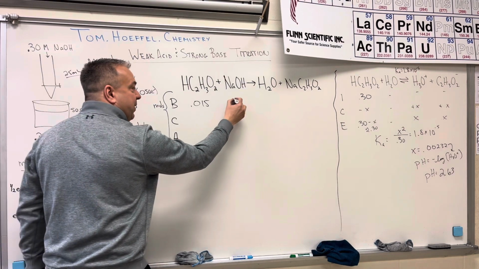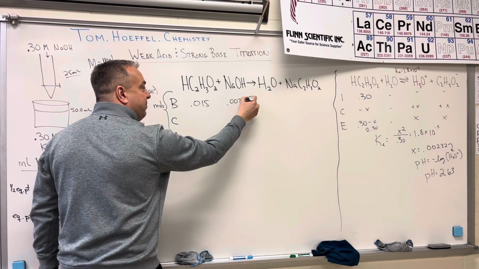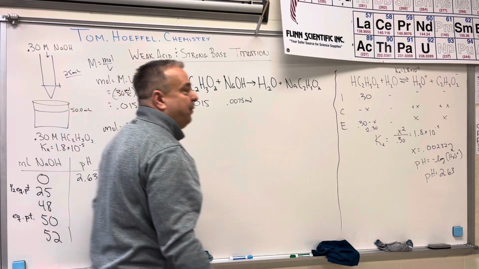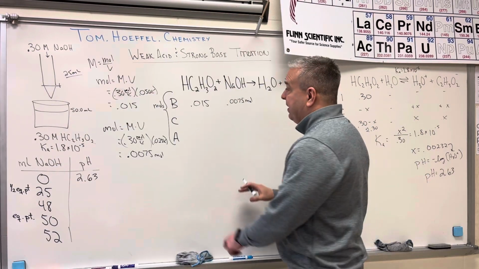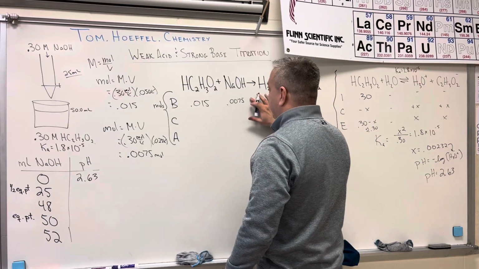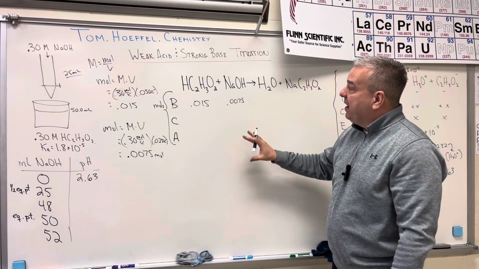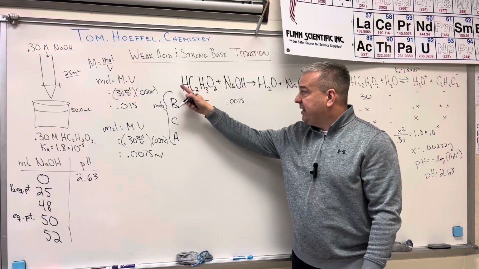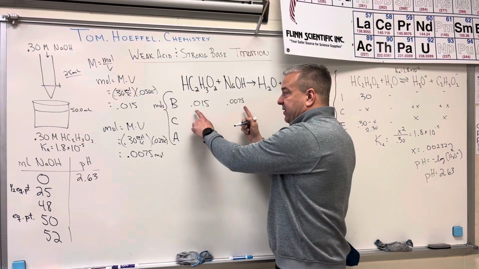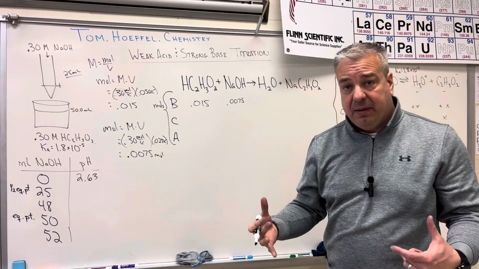So I'm going to put that 0.0075 moles in for the sodium hydroxide. In fact, everything is in here in moles. So in a mole conversion that's 1-to-1, whichever one's the lowest is what we'd call the limiting reactant.